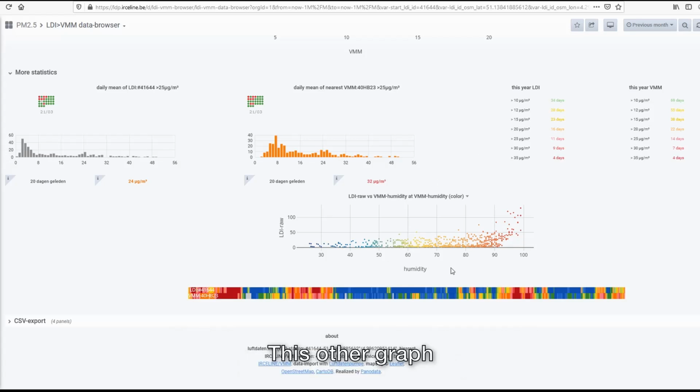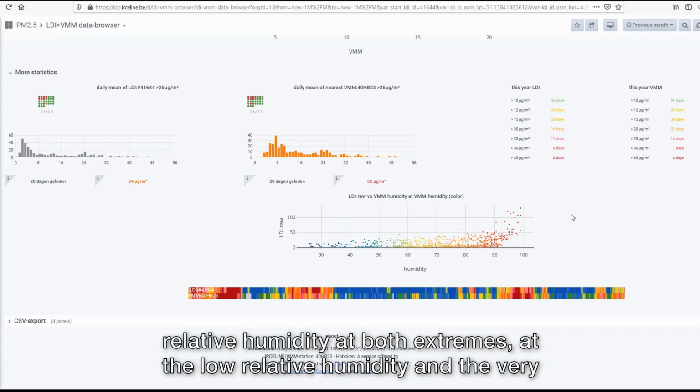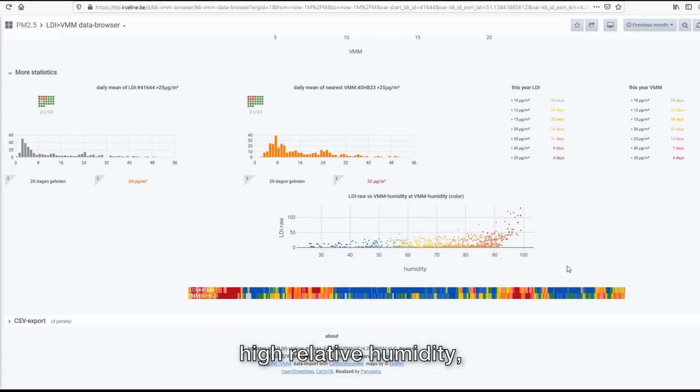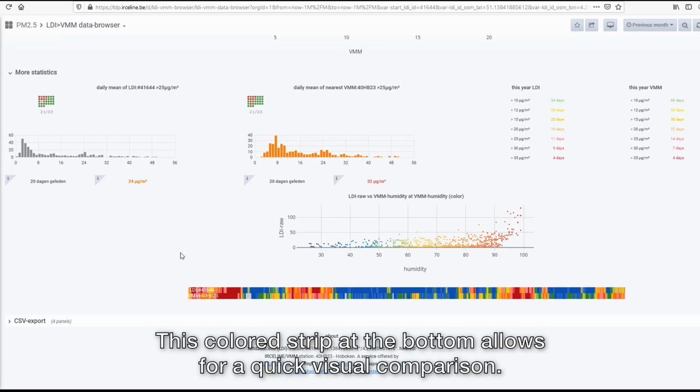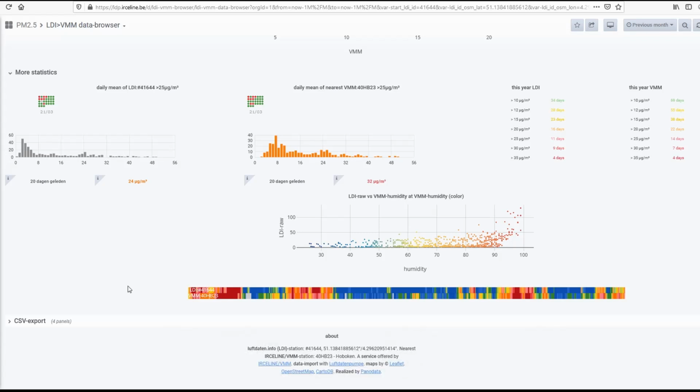This other graph shows the distribution of the sensor measurements as a function of the relative humidity. At both extremes, at the low relative humidity and the very high relative humidity, there are fewer measurements. This colored strip at the bottom allows for a quick visual comparison. Each hourly measurement is represented here by its color code.